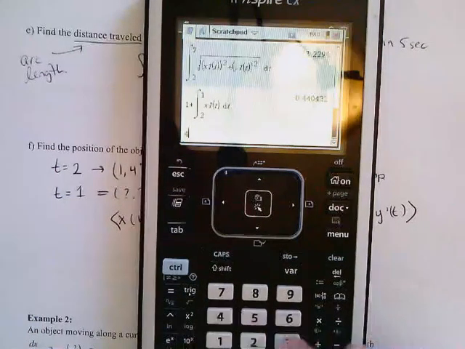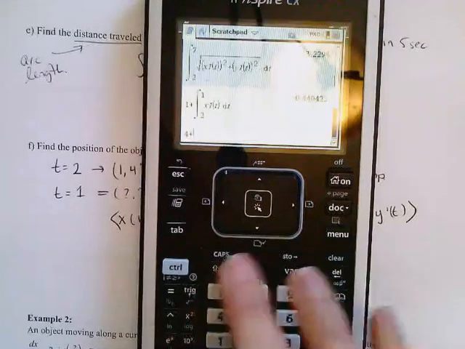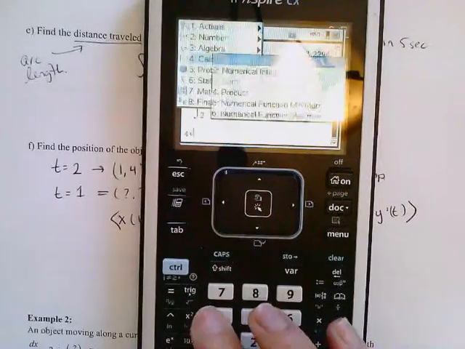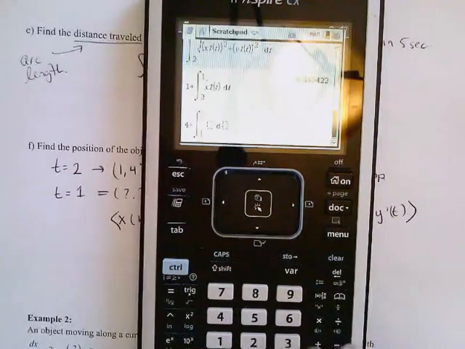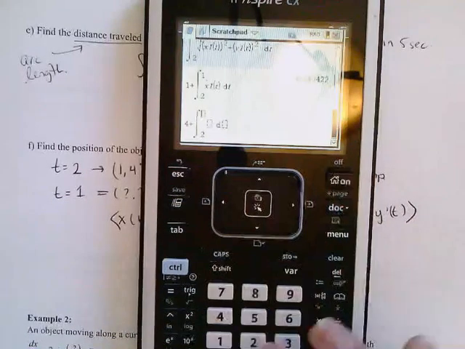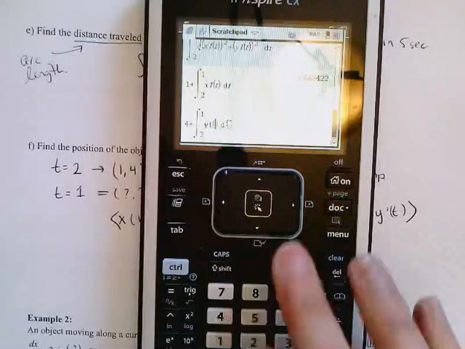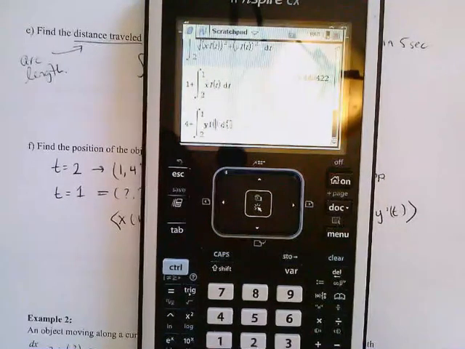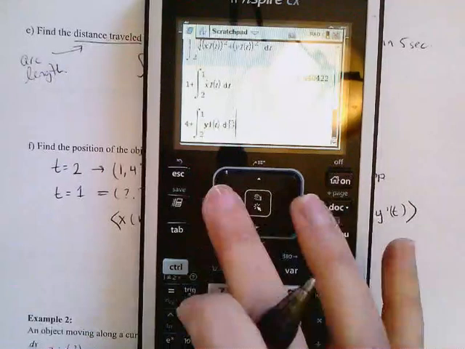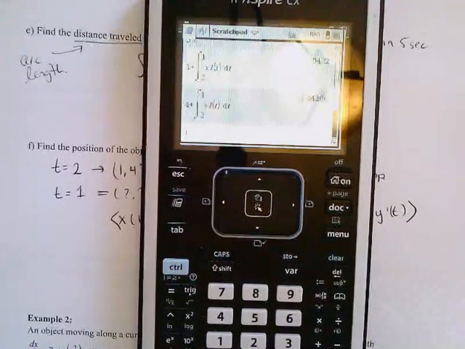And then 4 plus the integral from 2 to 1 of my velocity of y, t dt, enter.